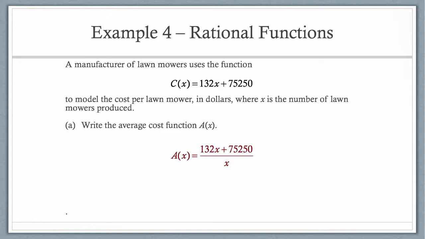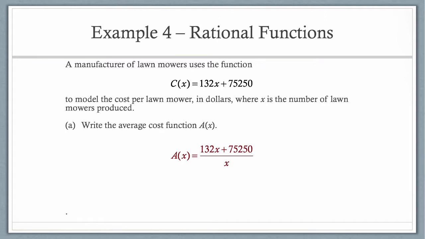Next, I want to talk about the vertical asymptote. So remember, the vertical asymptote is present when there are values that are not allowed in the domain. When we have fractions, we know that we can't have zeros in the denominator. So my denominator here is x. That means 0 cannot be in the denominator. x cannot equal 0.